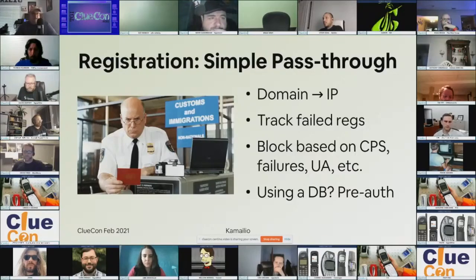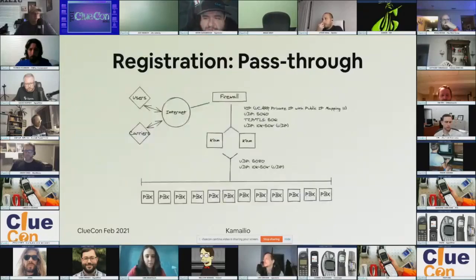If you're using a database for your username and passwords with FreeSwitch, Commonilio can pre-auth using that same data source and then just send it to FreeSwitch when it's good, and that allows you to not even bother FreeSwitch with bad registrations. So simple pass-through is really good.